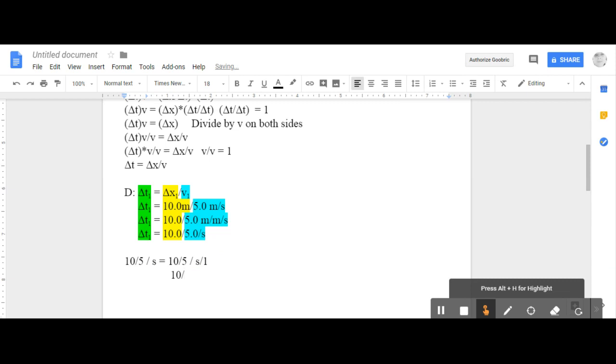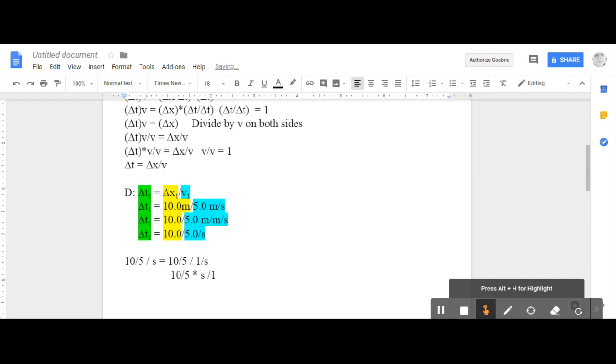divided by 5 times 1 over seconds, because you need to flip it over and multiply. Oops, this is 10 divided by 1 divided by over seconds, and this becomes seconds over 1.